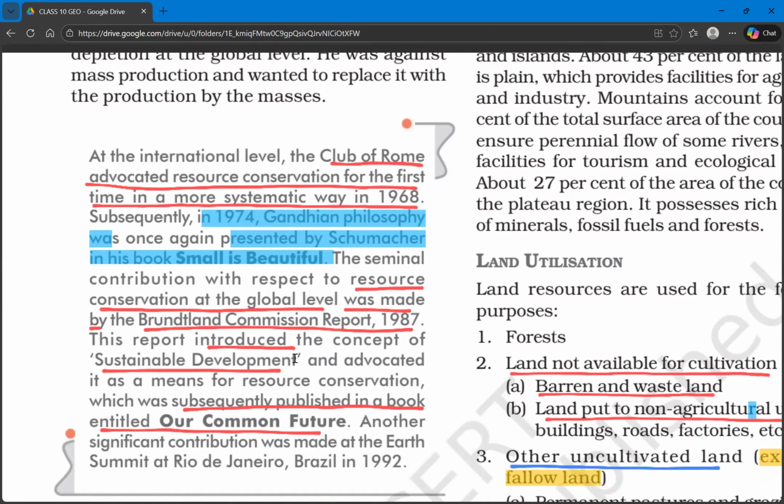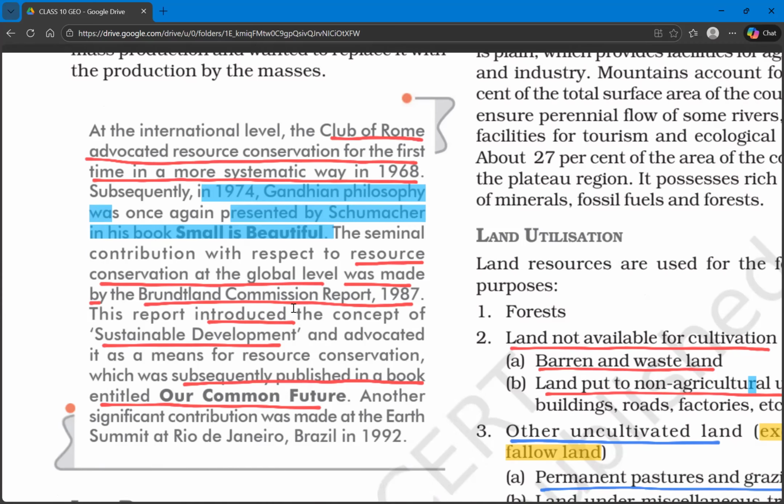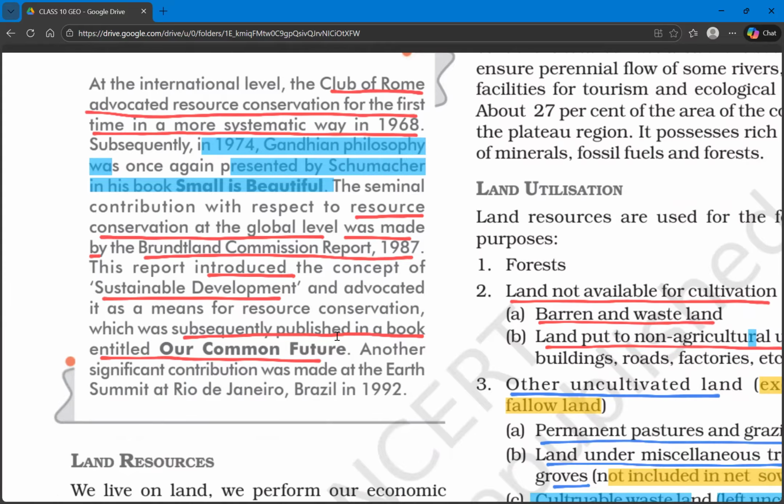So, in 1987, sustainable development was introduced at the global level. Next, it advocated it as a means for resource conservation, which was subsequently published in a book entitled Our Common Future. And after this, the next significant summit was the 1992 Rio Summit. But when was sustainable development first introduced? 1987 Brundtland Commission report.